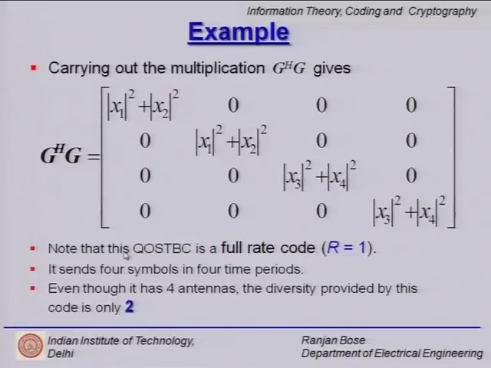But what have we gained? Well, the QoSTBC is a full rate because it sends 4 symbols in 4 time periods. So, even though it has 4 antenna elements, the diversity is only 2. That is the question we have to ask ourselves. Is diversity 2? Why are we saying that the diversity is 2? Can we observe this and say the diversity is 2?